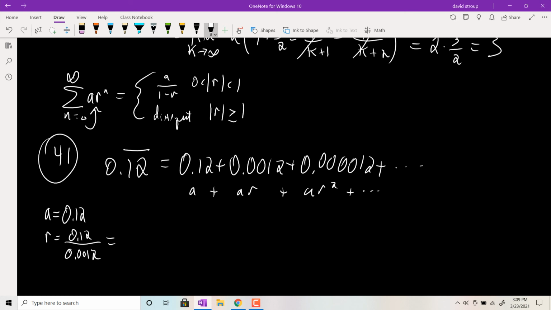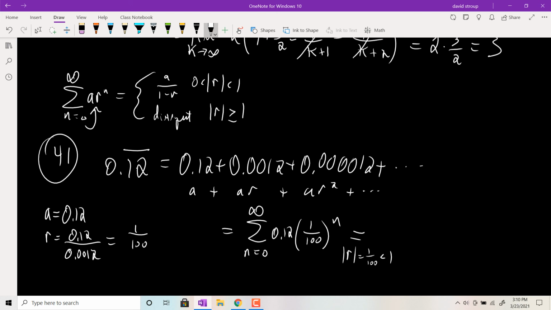If you do some quick math there, that'll be 1 over 100. And so this thing will be the series from n equals 0 to infinity of a, which is 0.12, times r, which is 1 over 100, to the nth power. And now you really see this is definitely convergent because the absolute value of r is 1 over 100, which is less than 1.